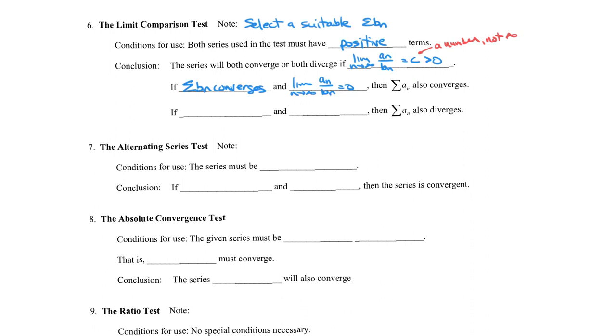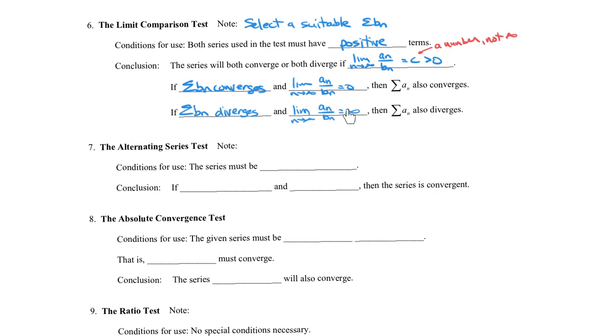Okay, and then the other part of that would be if this b sub n series diverges and the limit as n approaches infinity of a sub n over b sub n equals infinity, well then a sub n is also going to have to diverge, because b sub n diverges, so it's going to infinity, but the numerator so much dominates the denominator that the fraction goes to infinity.